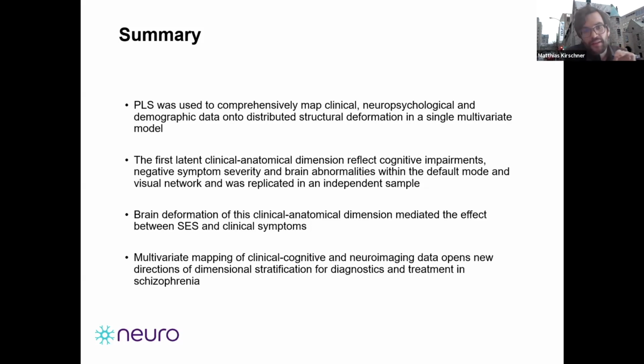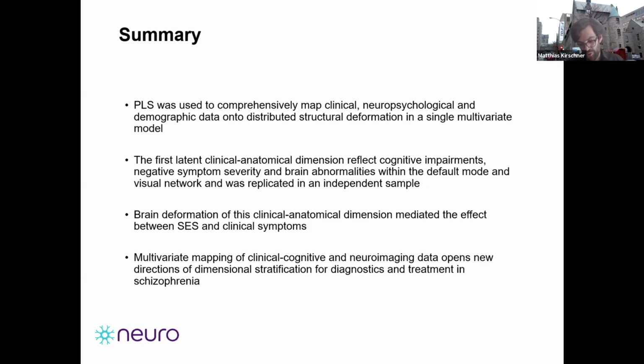The first latent clinical anatomical dimension reflects cognitive impairments, negative symptom severity, and brain abnormalities within the default mode and visual network, and was replicated in an independent sample. Interestingly, the brain deformation of this clinical anatomical dimension mediated the effect between socioeconomic status and clinical symptoms.